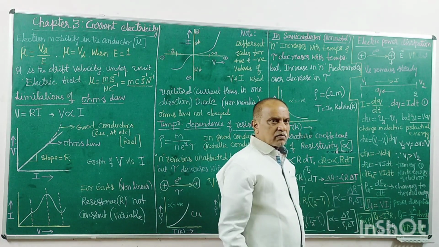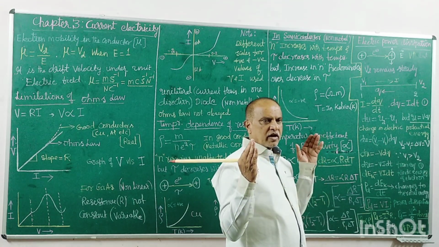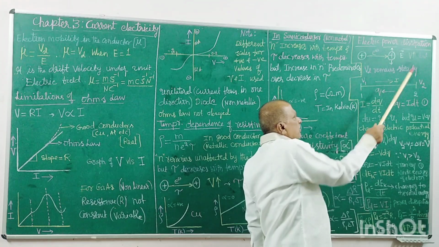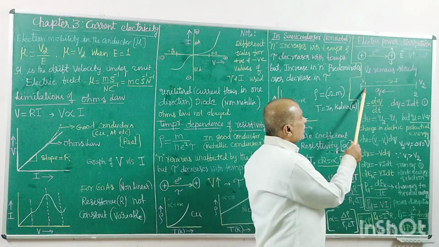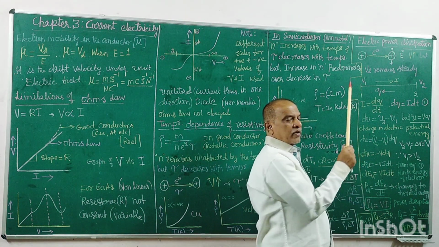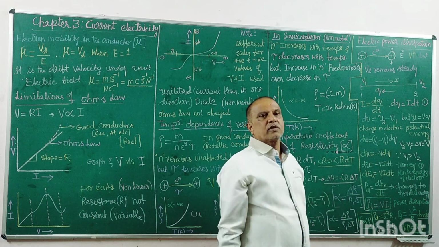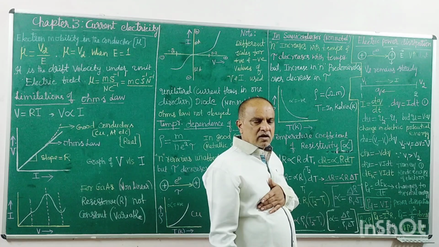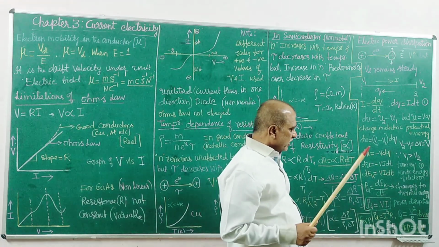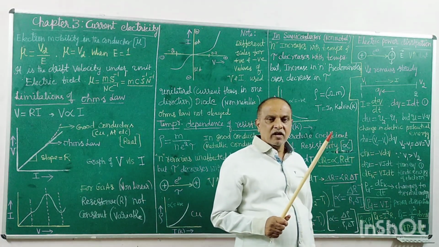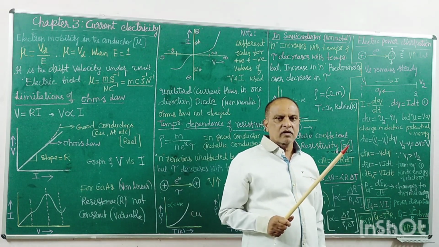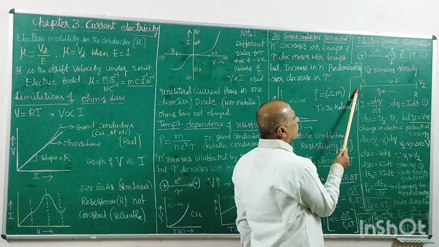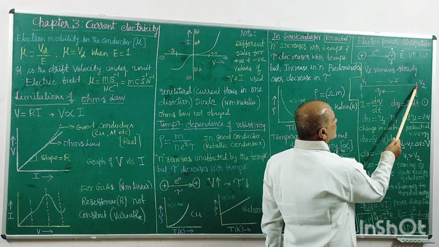That means by applying a very high potential difference between the two points for the transmission, we can minimize the power dissipation as much as possible, to about 5%. That is why power transmission lines have been constructed with very high voltage at the generation and very low voltage at the distribution point.